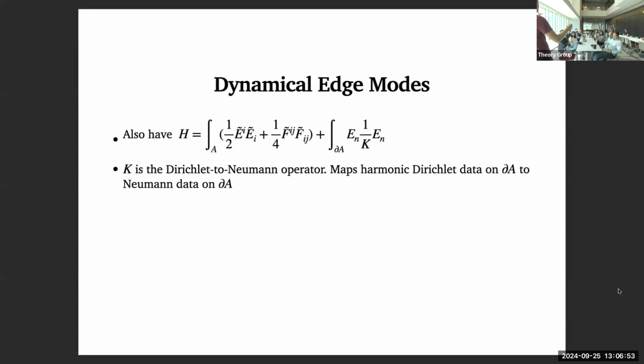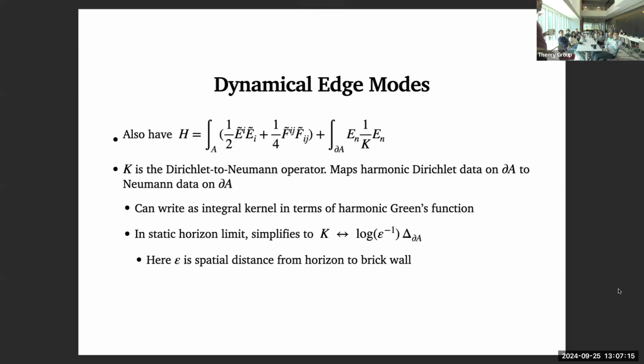So if you start off specifying with Dirichlet data, then it's a well-defined question to ask, what's the corresponding Neumann data? You can define this operator K like that, and you can also write it a little more explicitly in terms of Green's functions.